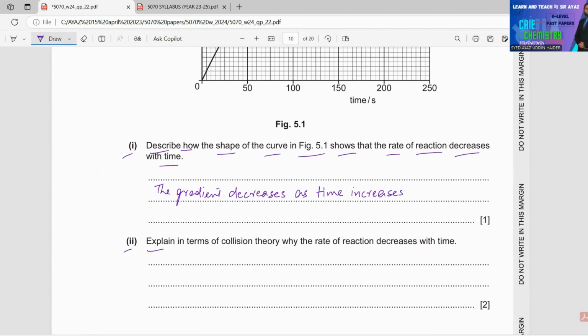Number 2, explain in terms of collision theory why the rate of reaction decreases with time. You see, as time progresses, the number of particles decreases and the particles are also getting further apart. So the frequency of collision between these particles also decreases. So we will write particles get further apart.